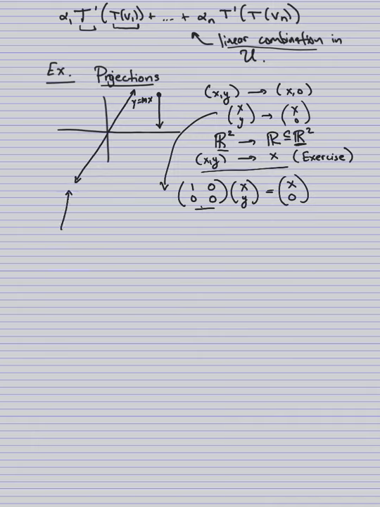If I want to figure out the matrix in the standard basis, I can again write this as a composition. Projecting to this line is the same thing as rotating the line to the x-axis, which we know the matrix for, then projecting, and then rotating back.